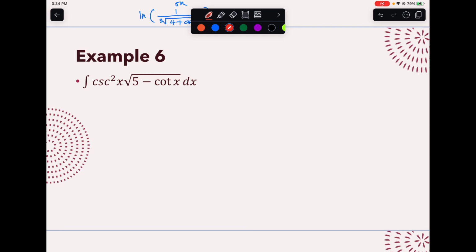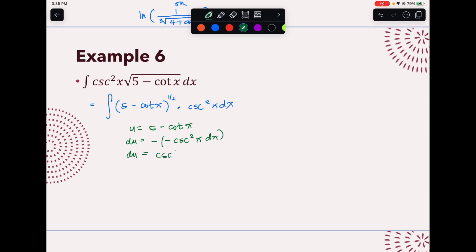So if I'm going to rewrite this, it would be the same as 5 minus cotangent x raised to 1/2, multiplied with cosecant squared x dx. I'm planning to let u be equal to 5 minus cotangent x, and then du will be the derivative of 5, which is 0, then the derivative of cotangent, which is negative cosecant squared x dx. So du makes it positive cosecant squared x dx, which is exactly this.